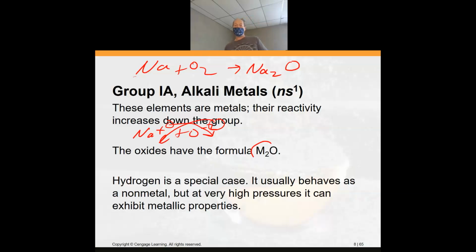And so any metal coming off of group 1A is going to have 2 of the metals to 1 of the oxygens because they're all +1. So 2 there, 4 there to balance that. All right, so again, hydrogen is a special case. Hydrogen is a non-metal that likes to react like a metal.